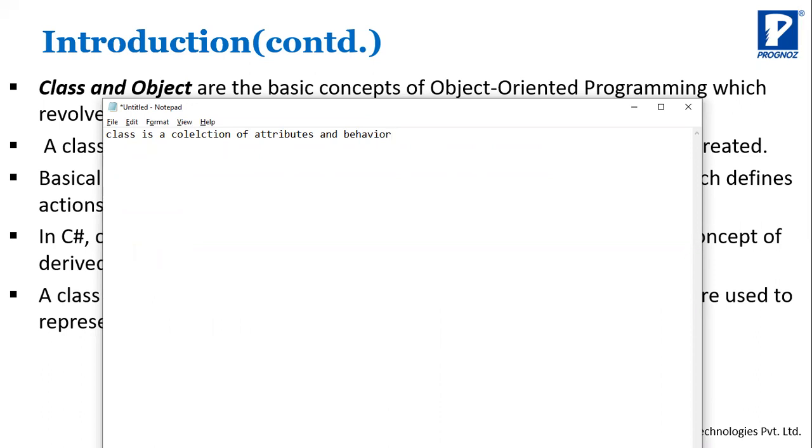Class is a collection of attributes and behavior. We can create different objects from the class.